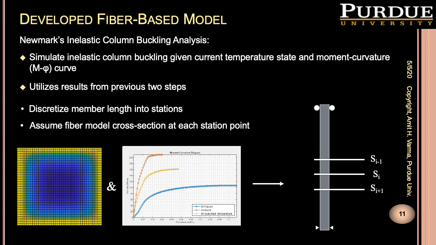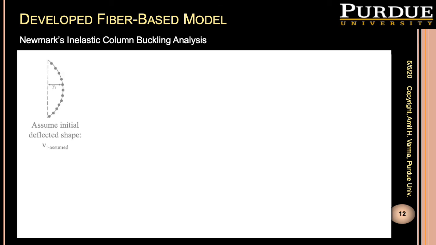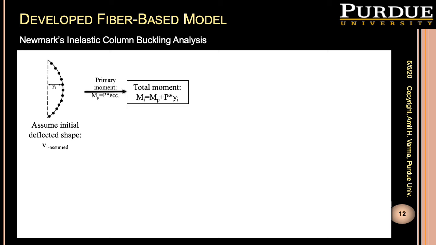In the third step, Newmark's inelastic buckling analysis was used to calculate the deformed shape of the members. A flowchart of the overall inelastic buckling analysis algorithm is discussed in this slide. The calculated moment curvatures were used to obtain curvatures at various stations along the height of the member.